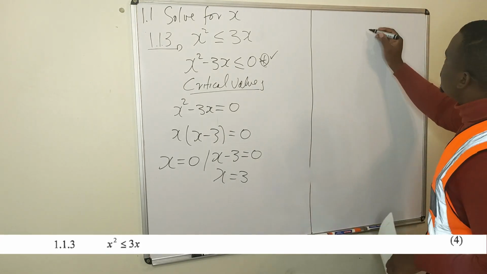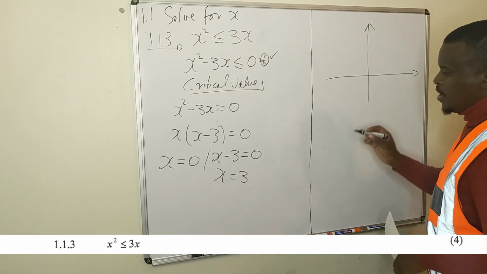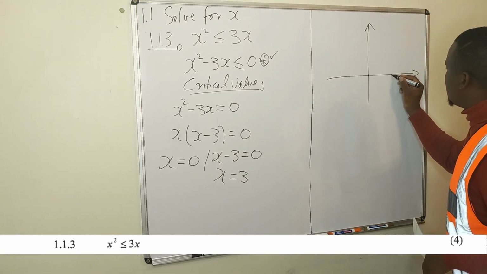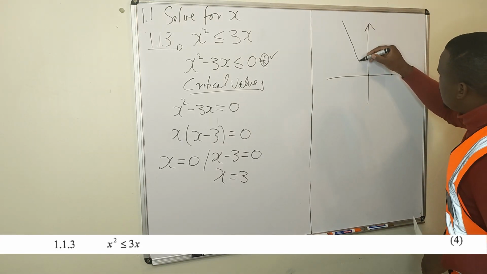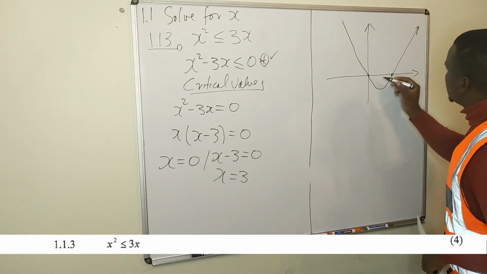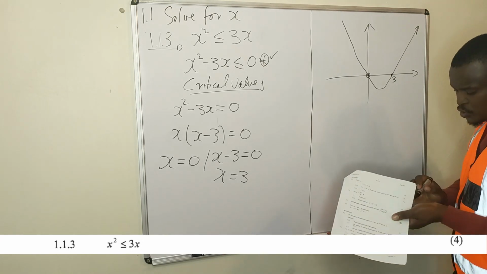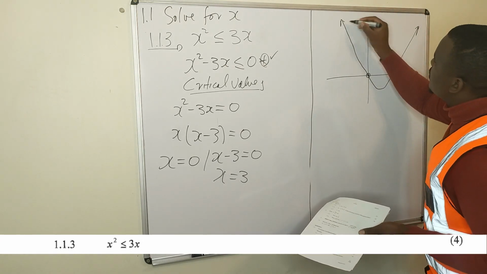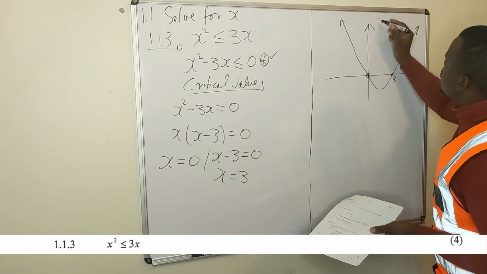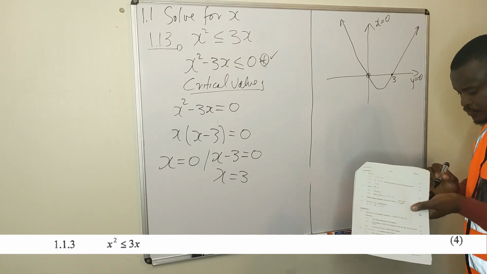My intercepts are 0 and 3, so I have 0 here and 3 here, and I can plot it like this. So y is equal to 0 here, and y is equal to 0 here.